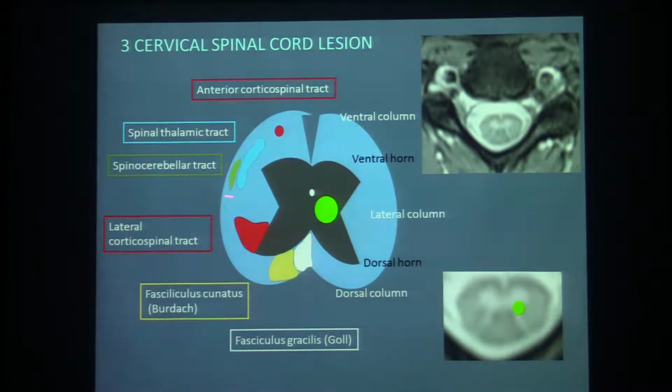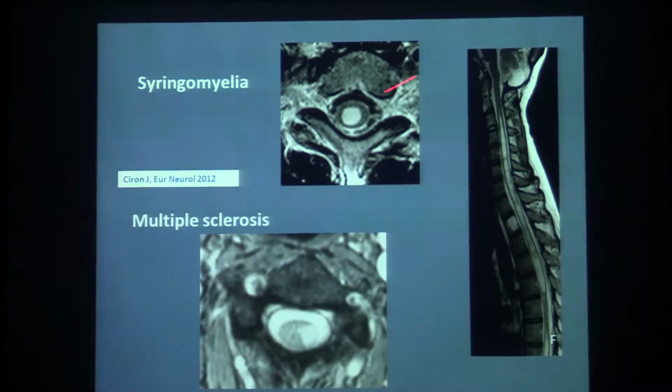When you look at the spinal cord now, the sympathetic is located in the lateral middle of the spinal cord, and so in fact any lesion of the spinal cord could potentially provoke a Horner syndrome, which is not always seen in the clinic. But anyway, syringomyelia has been described with Horner syndrome, as has multiple sclerosis, and you see that the sympathetic being there, it is very probable it could cause a Horner syndrome, even if it's not very frequent.